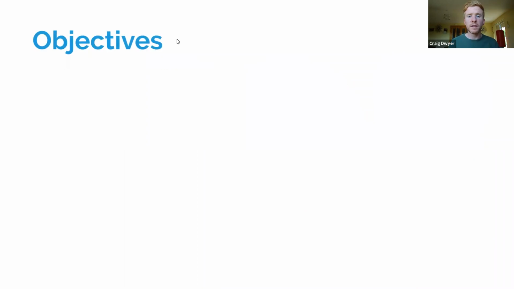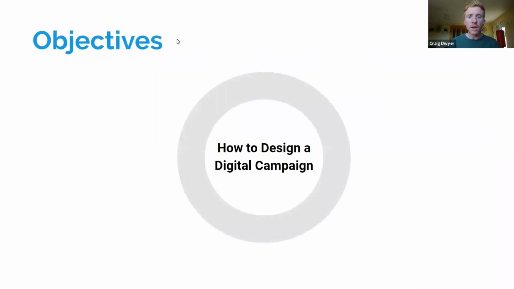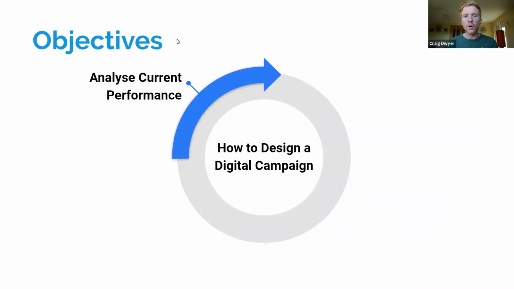Great, so just looking at the objectives for the training overall. Essentially it's to look at how we design effective digital campaigns for our work. An important part of that is analyzing how we're currently performing, taking stock, and thinking about what is working well and how we can build on that progress moving forward.